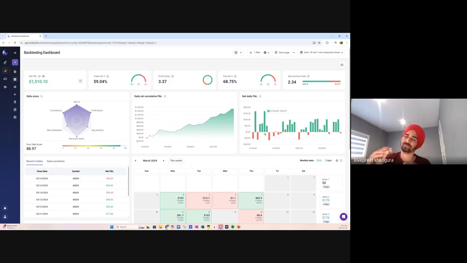And with more confirmation, you just have to make sure that the RVR is in your favor. For example, if you're looking for 3R trades, make sure even after that confirmation or even after that new high or new low, the risk to reward ratio is still 3 or more than 3. Once you have that, then it should not be a problem.